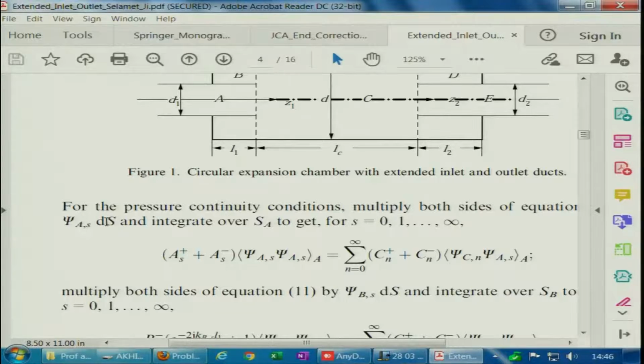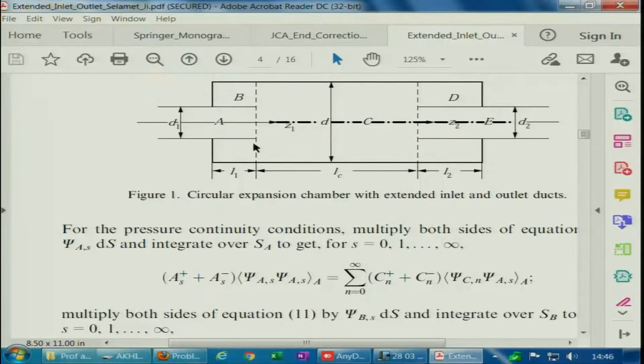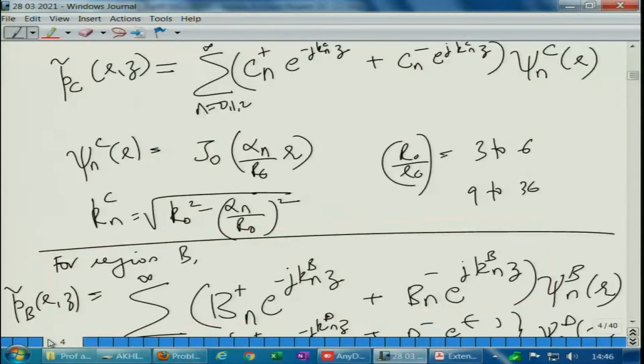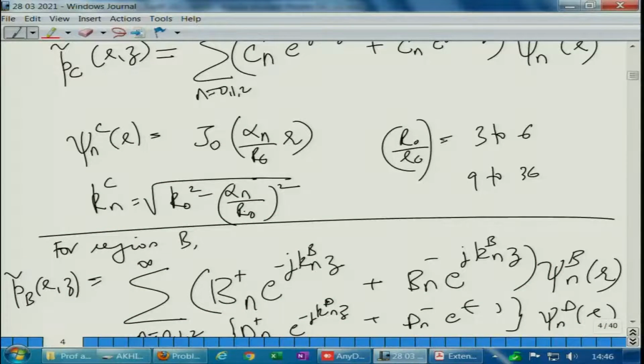So, dS is nothing but r dr d theta, and this is a psi function, and using mode orthogonality only this function will survive, and you have only this term, and then the mode function psi a s, which is integrated with the mode function in this one, that is a Bessel function with the larger radius a in the denominator, your r naught. So, psi is this thing.